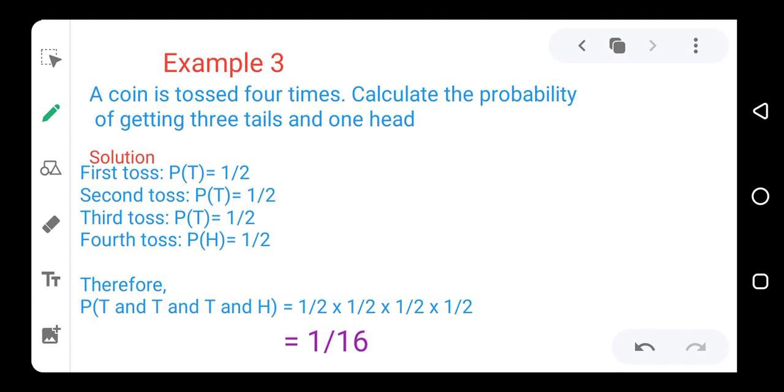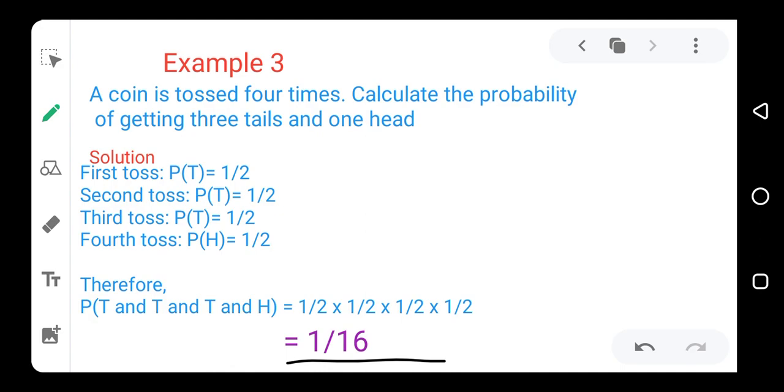Since these are connected with AND, this is equal to 1 over 2 times 1 over 2 times 1 over 2 times 1 over 2, which gives us 1 over 16. That is the answer.